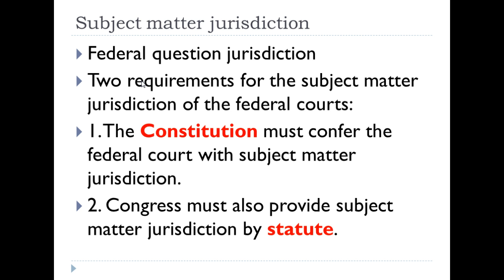So the grant of subject matter jurisdiction to the lower federal courts that is conferred by the Constitution of the United States is not self-executing. Congress must pass a statute that takes that grant of jurisdiction by the Constitution and grants it through a statute.